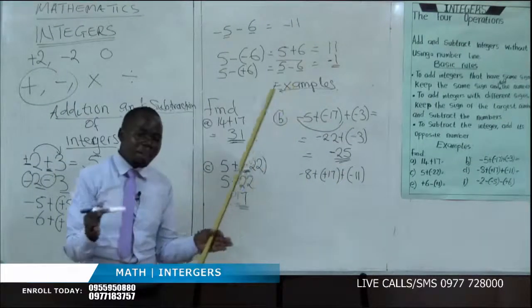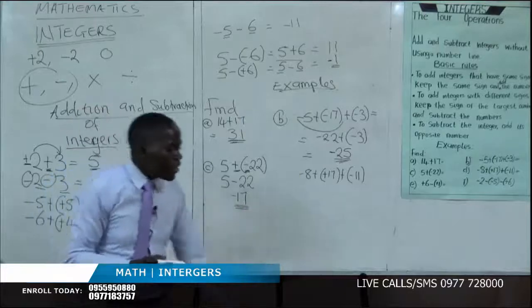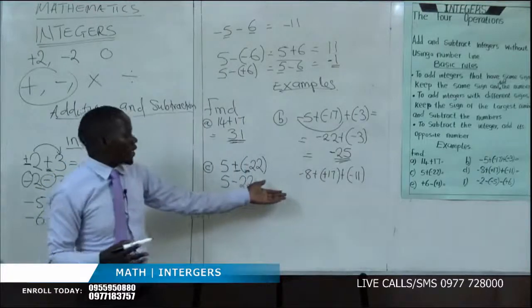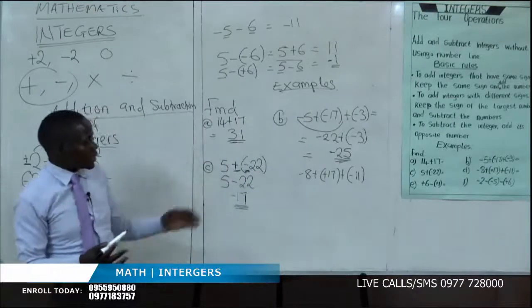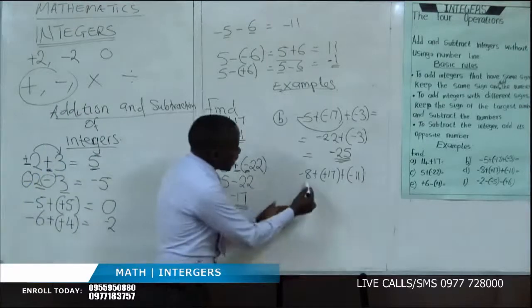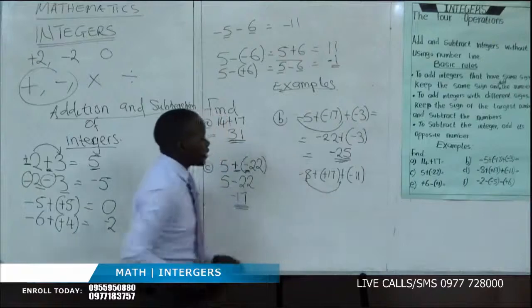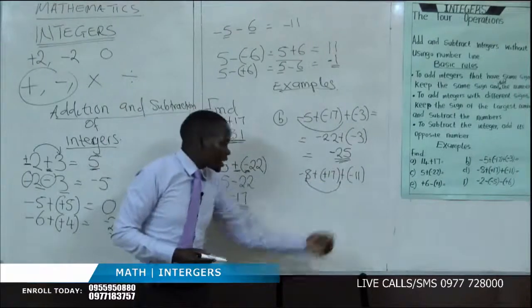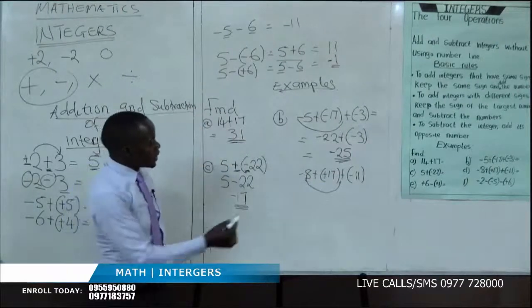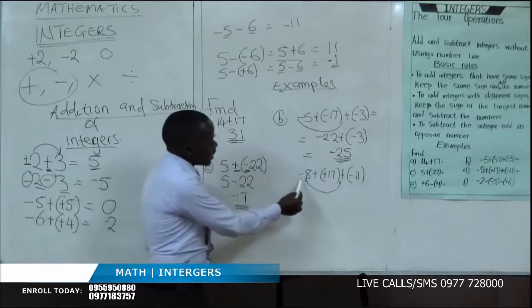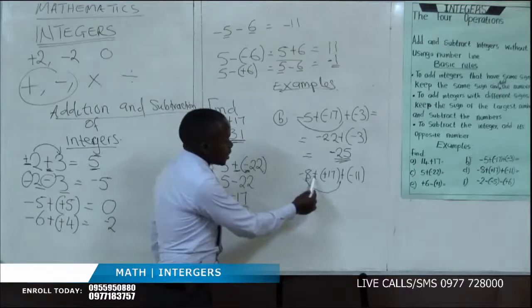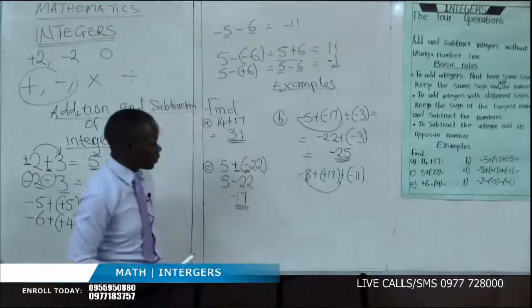First do it part by part, then it will become very easy for you to find the answer. So like the way it is here, you do first the first part, then later you deal with the last part. So let's look at the first part. We have got negative 8 plus positive 17.